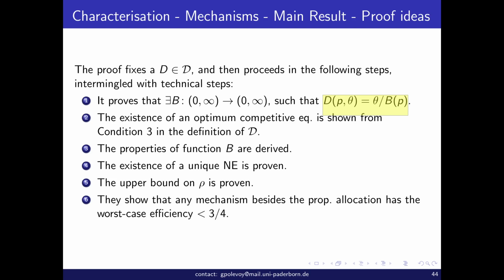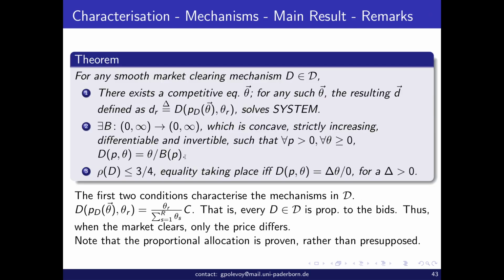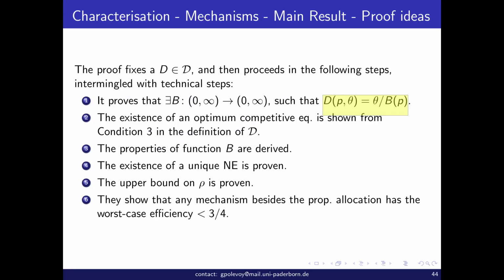Now the properties of function B are derived, because we want to show not only that there exists such a B, but also that B is concave, strictly increasing, differentiable, invertible. Then we are also done with the second part. So we start the second part, then we do the first part, and we finish the second part. Now we are left with the third part.